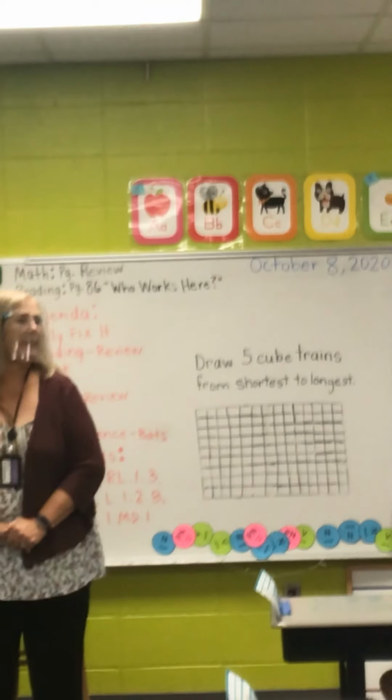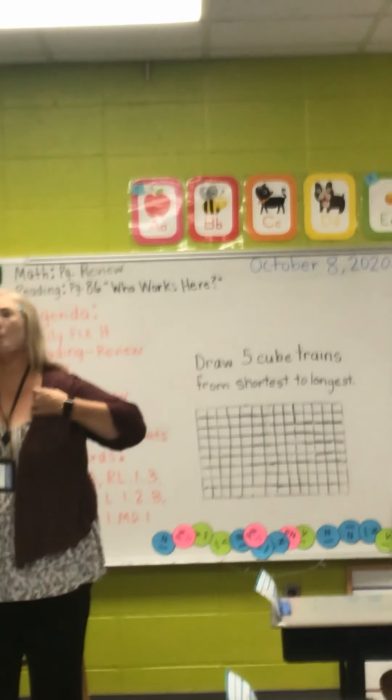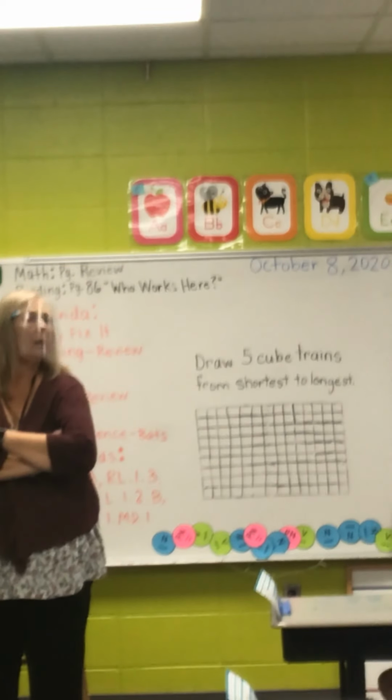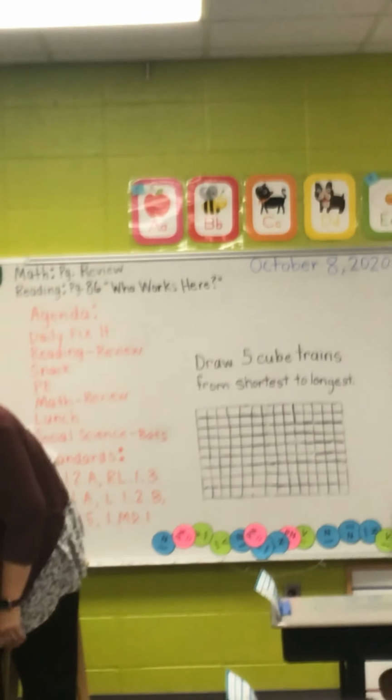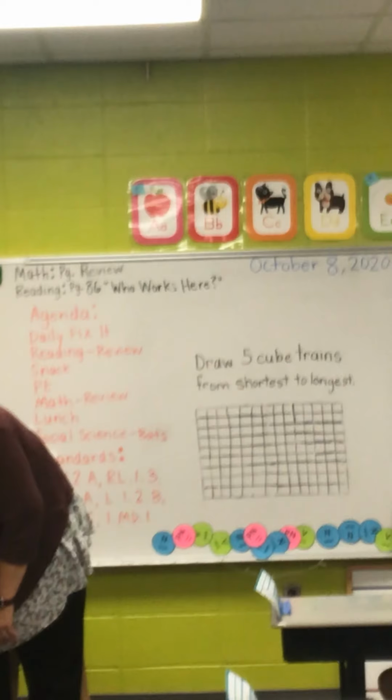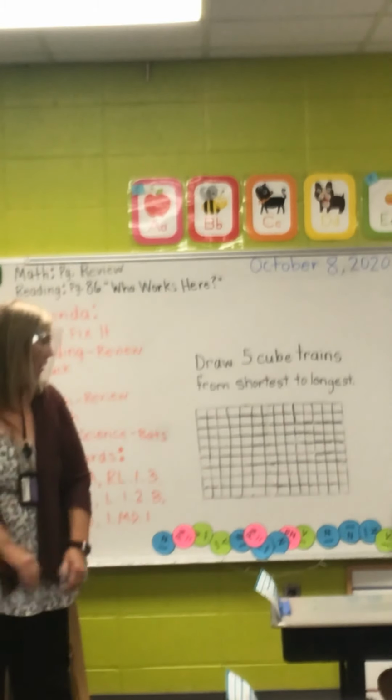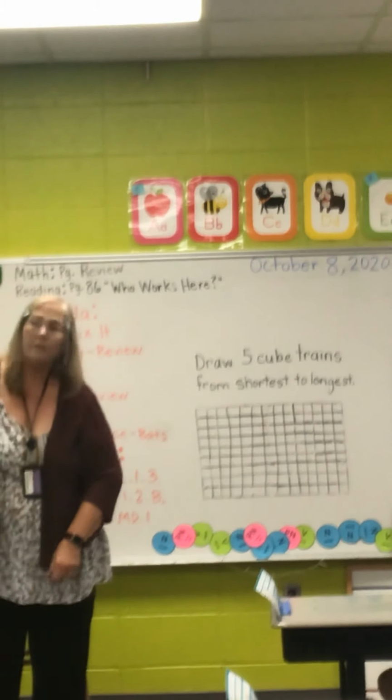Okay, let me see. Cassidy, can you tell me what is 1 more than 43? 44. 44, very good. Ethan, you be thinking and tell me, what is 1 less than 44? 1 less than 43.